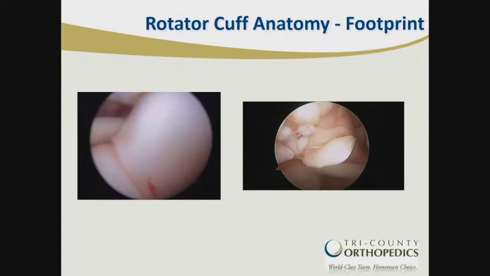In terms of rotator cuff anatomy, you can see on this side of the screen, this is a normal insertion. That's a pristine-looking rotator cuff. That's a healthy patient. On the right here, this is a torn and retracted rotator cuff. So, these things can be painful, and clearly something like that has the capacity to provide symptoms in terms of weakness, pain, etc.